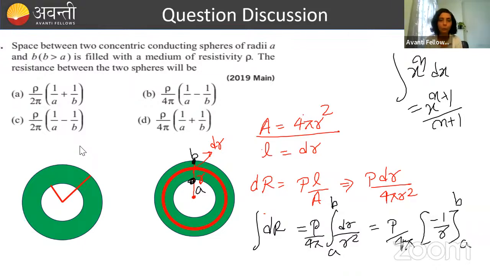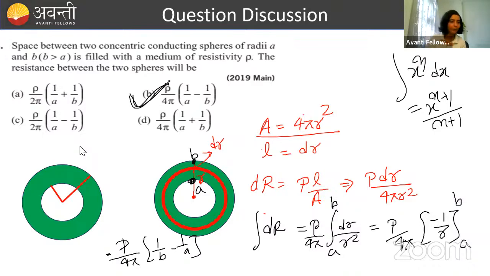Minus 1 by B minus minus 1 by A; take the minus outside. Rho by 4 pi, and you will get 1 by A minus 1 by B. So this is going to be your answer: rho by 4 pi times (1 by A minus 1 by B). So the correct answer will be B. I hope it is correct. Anyone? Any doubt?